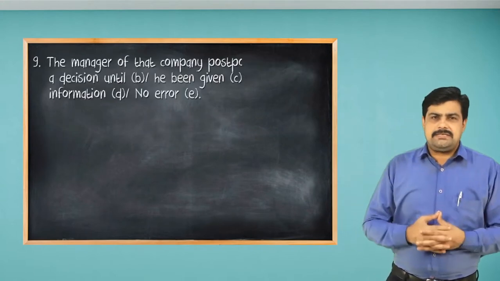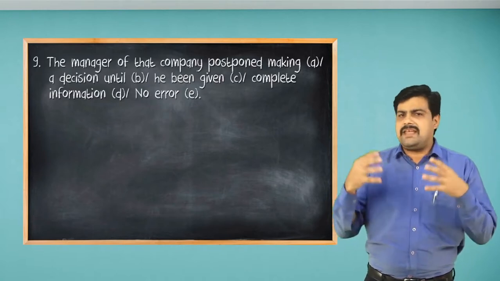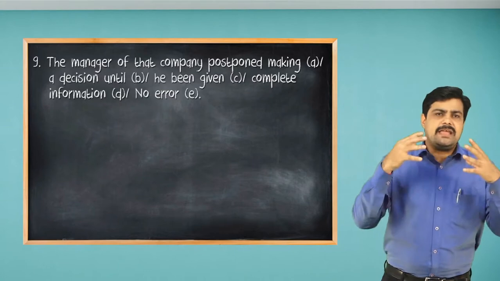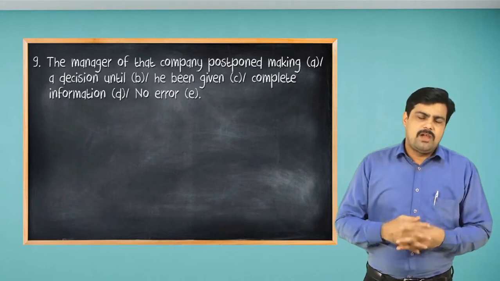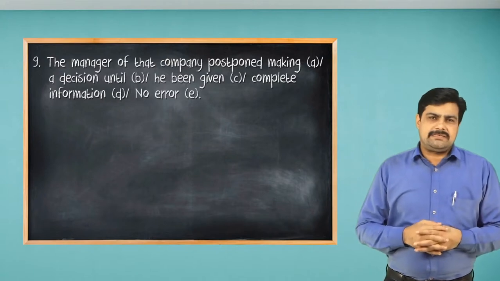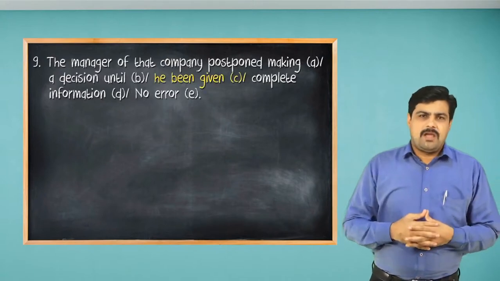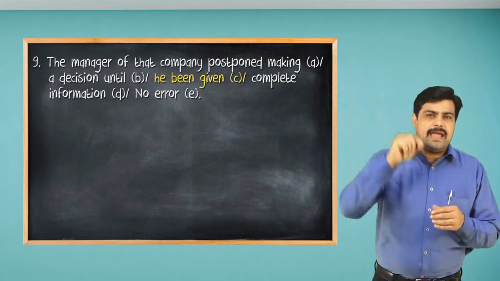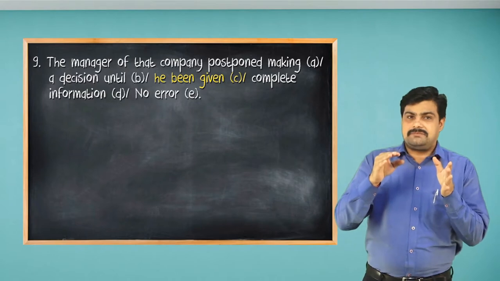Let's take another sentence. The manager of that company postponed making a decision until he been given complete information. Now, what is the mistake in this sentence? Check this sentence. Well, in part C, been is used without had, as the tense is in past.